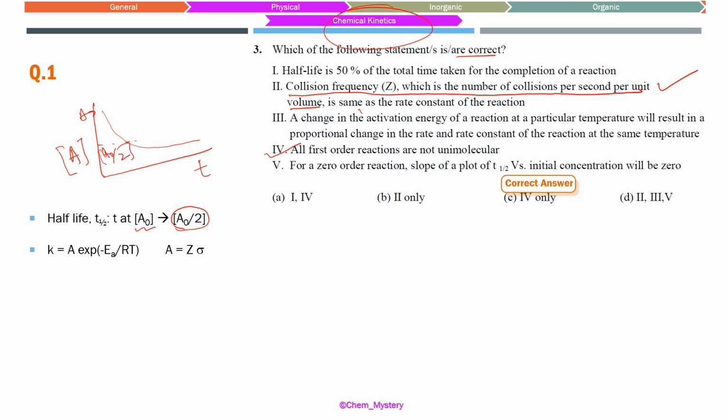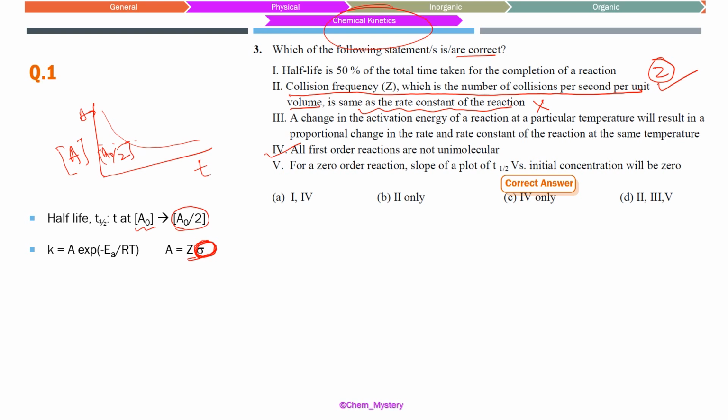But saying it is the same as the rate constant is not correct. Z is the collision frequency, and it is multiplied by the steric factor, because the number of collisions does not always translate into the number of molecules reacted. So the steric factor must also be taken into consideration.